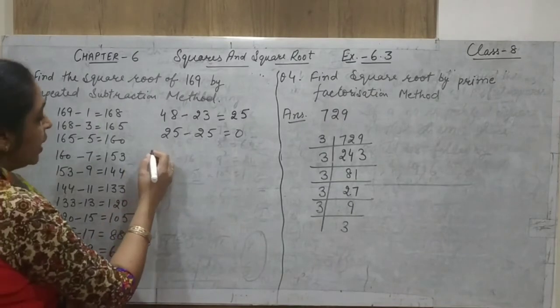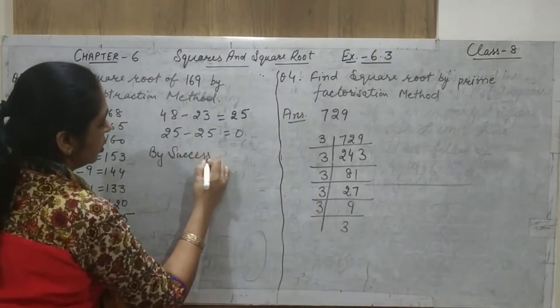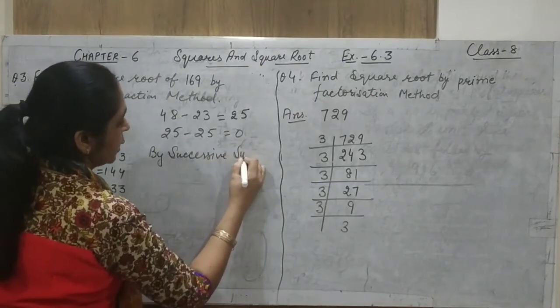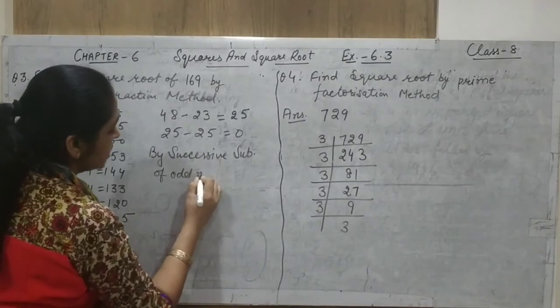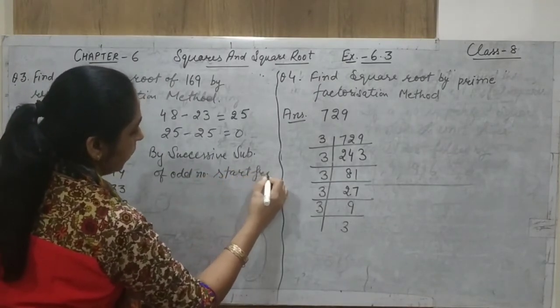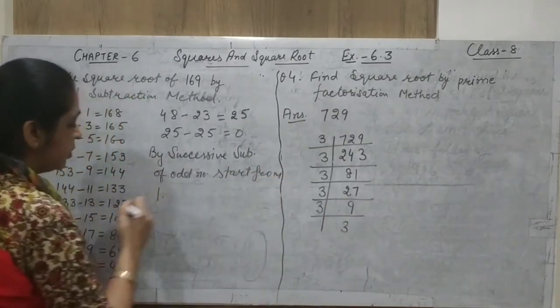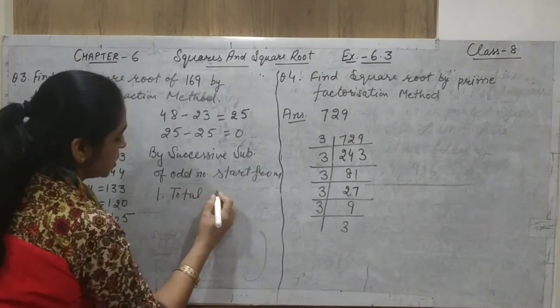So by successive subtraction of odd numbers starting from 1, what do we get? The total number of terms.